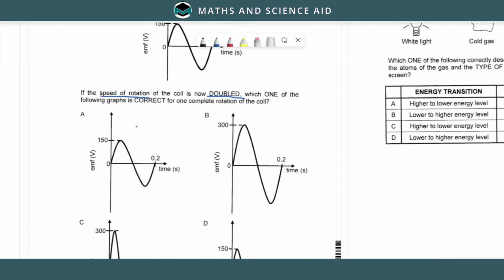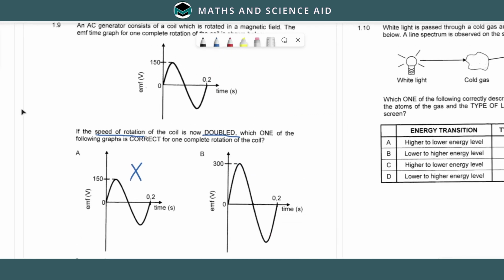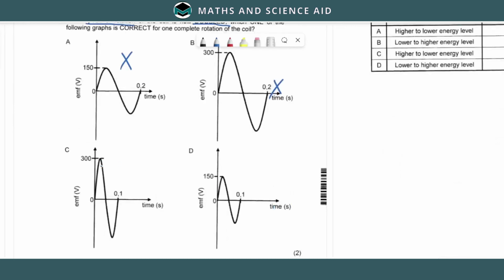And so A is incorrect because A suggests that there will be no change. B, we see that in B indeed the EMF has doubled, but the time for complete rotation is still 0.2, which is incorrect. And now if we look at C, indeed the EMF has doubled, and in addition to that, the coil is now going to take half the time it did initially for one complete rotation, which is correct.